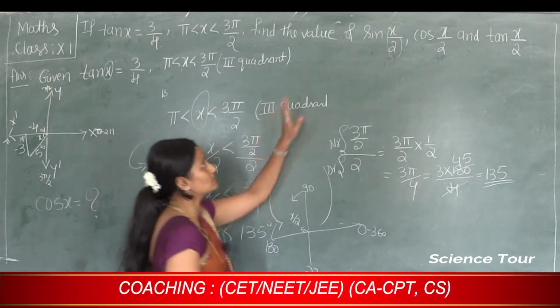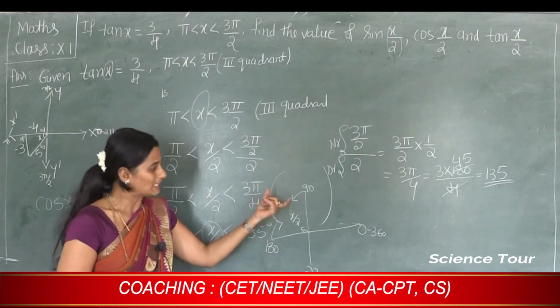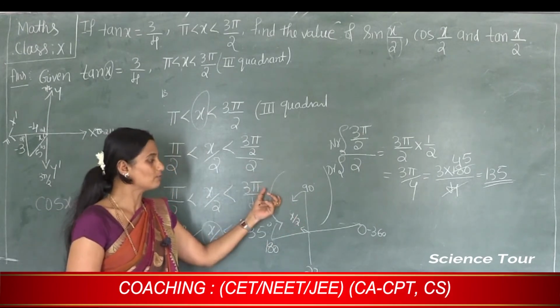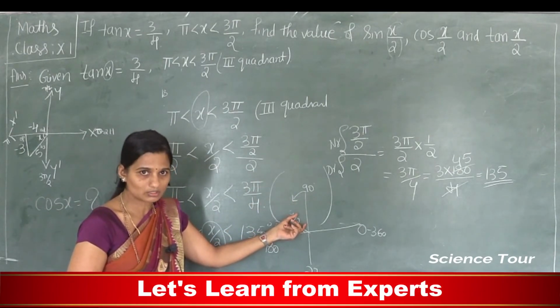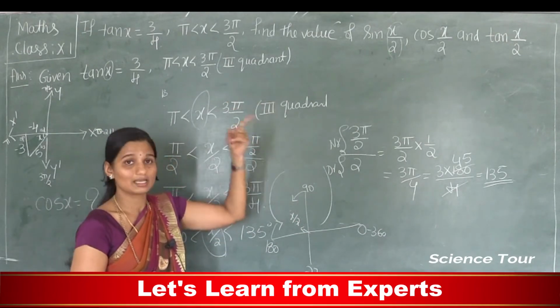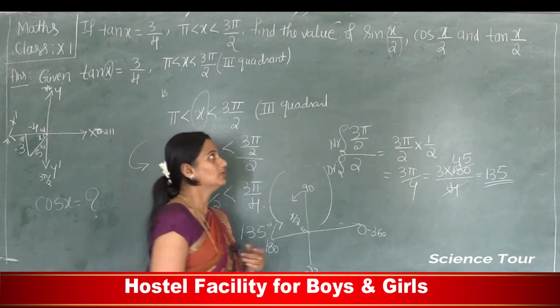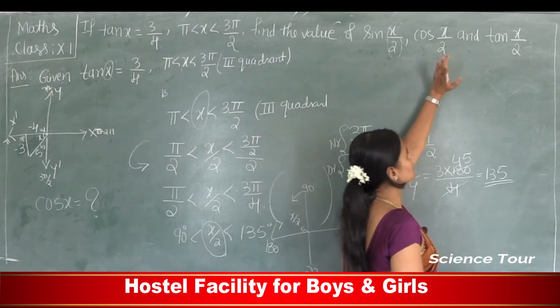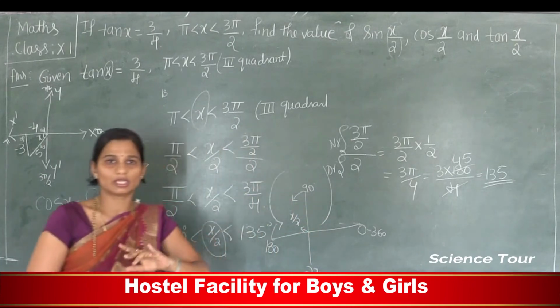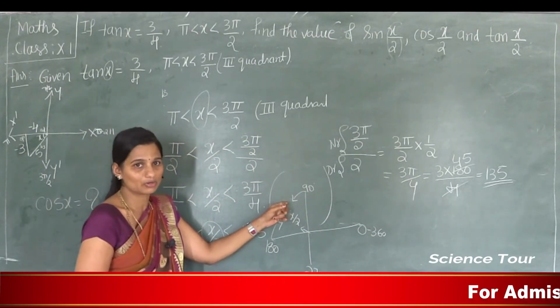So now sin x by 2, is it positive or negative? That is positive because sin function is positive in second quadrant. If you get negative and positive values for sin x by 2, you have to consider only the positive value. Now next is cos x by 2. How to get positive or negative? Cos x by 2 lies in second quadrant.